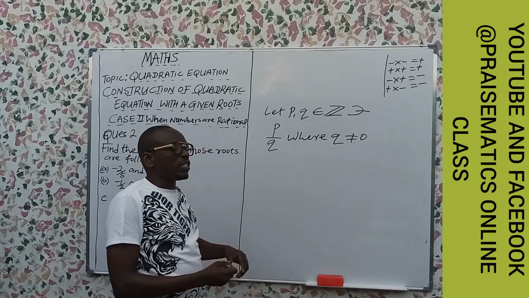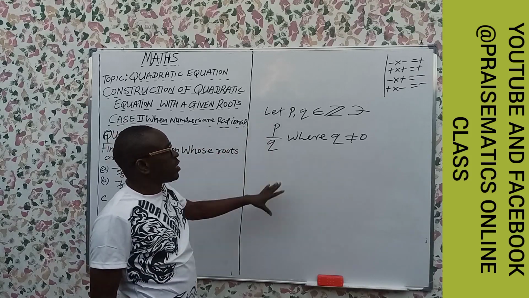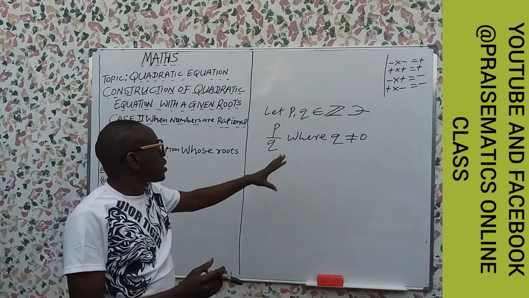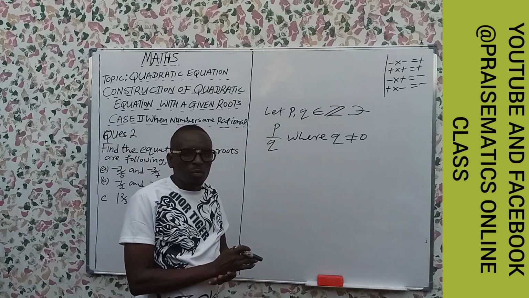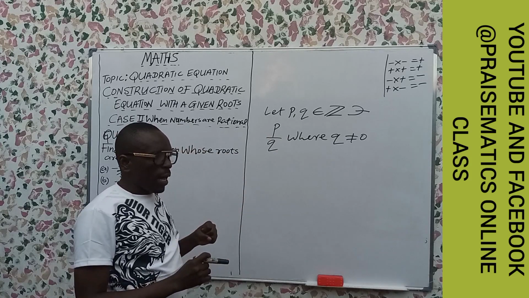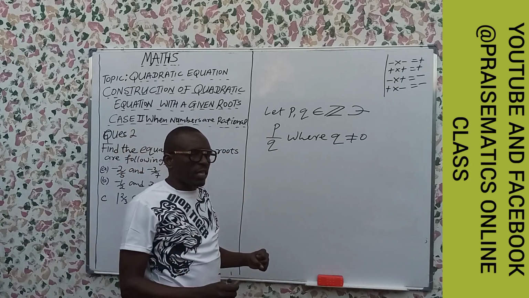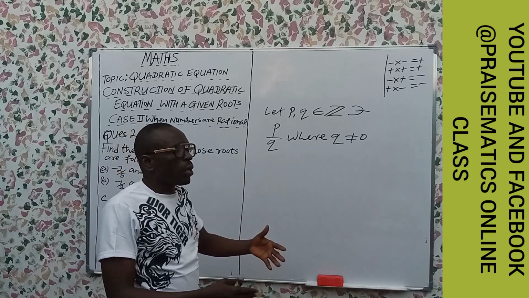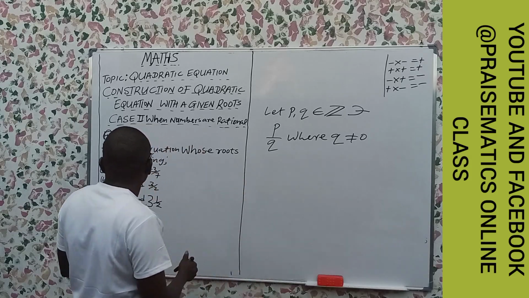Because if q is equal to 0, the entire expression is undefined. When you pick an integer, pick another integer, and form a fraction, it is called a rational number.